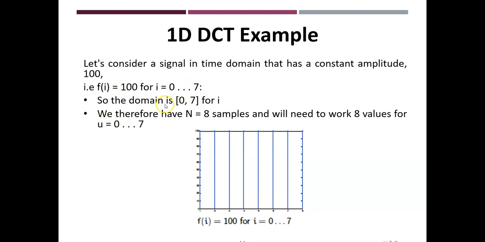So the domain of i is 0 to 7. We therefore have n samples. Why n samples? We have 8. Why 8? Because from 0 until 7. And we will need to work out 8 values for u equals 0 until 7.